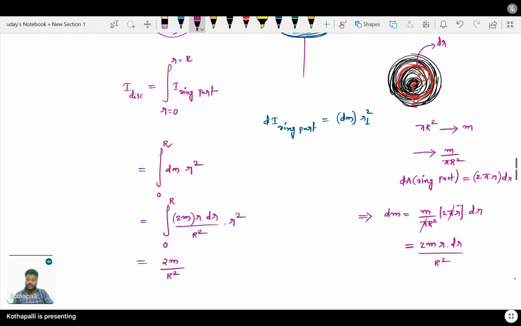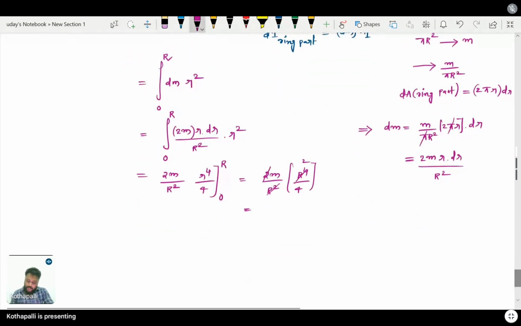Here one r, here r square, r cube dr, which is r power 4 by 4 for the limits 0 to capital R. If I substitute it, 2M by R square into upper limit R power 4 by 4 minus lower limit 0. So in the R power 4, R square will get cancelled.